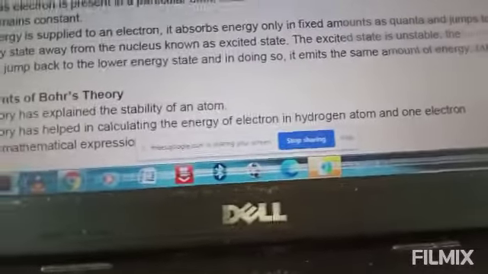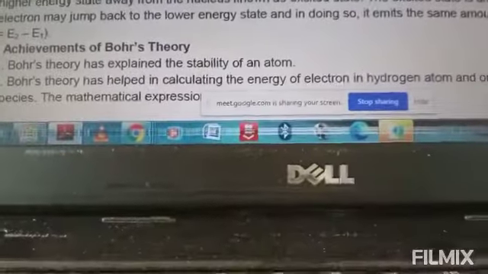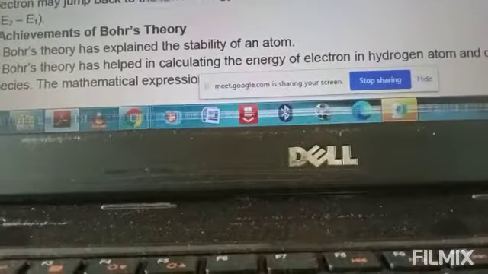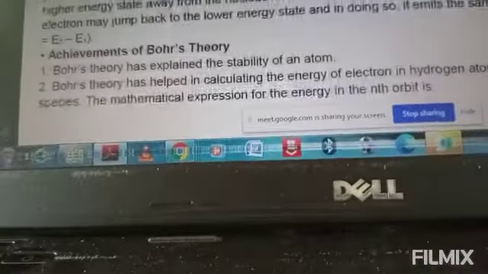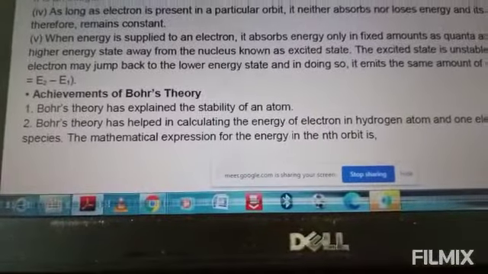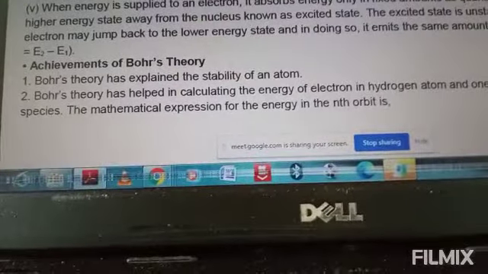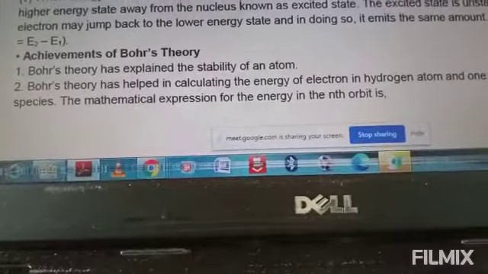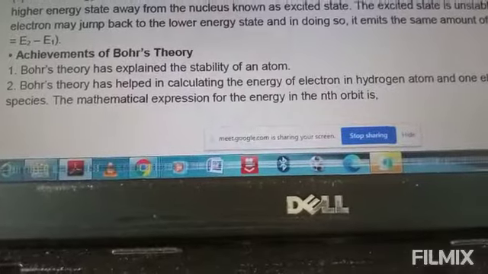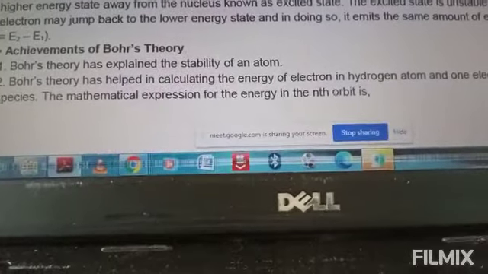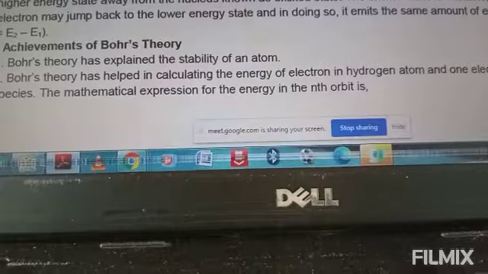Now let us see the advantages, or we can say the achievements, of Bohr's theory. Bohr's theory has explained the stability of an atom. And second, Bohr's theory has helped in calculating the energy of the electrons in the hydrogen atom or one-electron species.